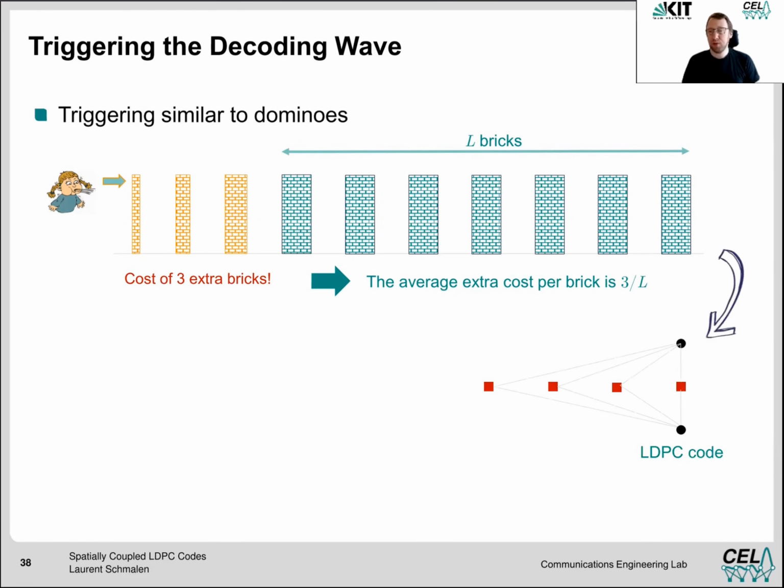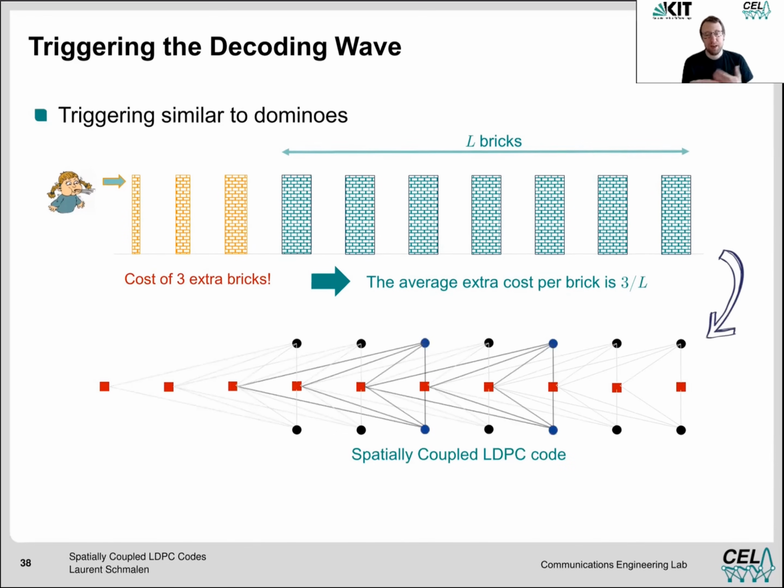So there is an analogy to the LDPC code, and each wall segment corresponds to 1 LDPC code. And the domino effect is the coupling of those LDPC codes. So we have coupled LDPC codes that correspond to these dominoes. And at the boundaries, we have our orange nodes that have a slightly less degree, and these correspond to our thinner walls that we put at the boundary.